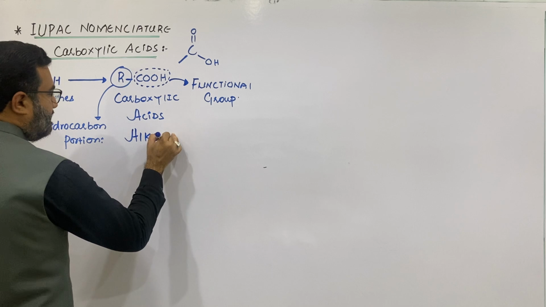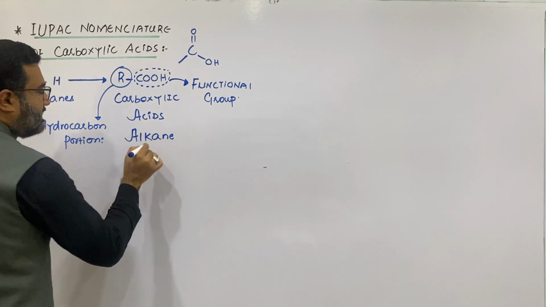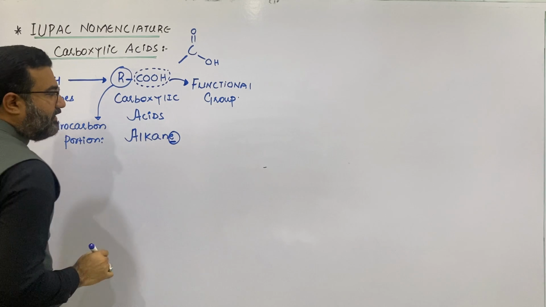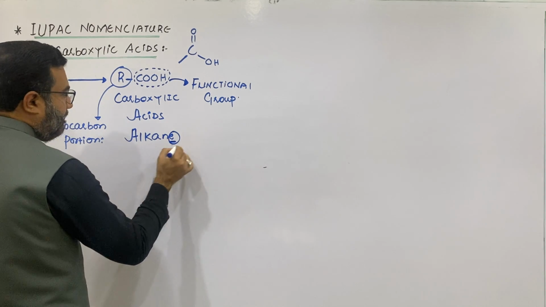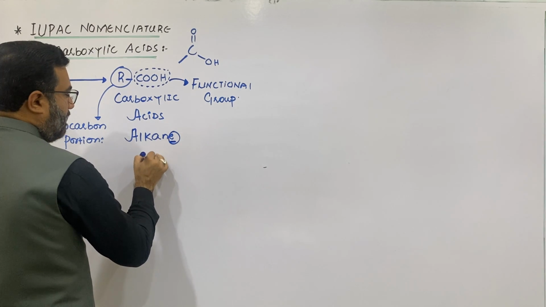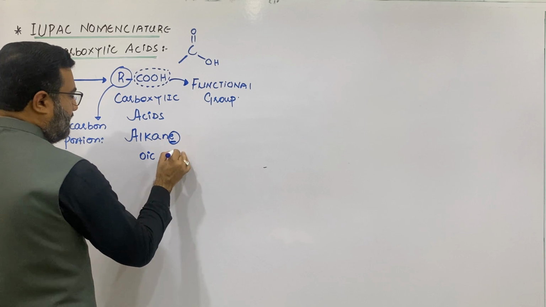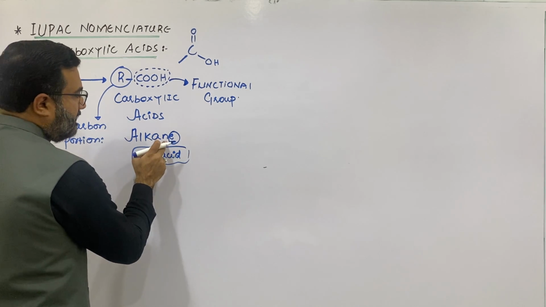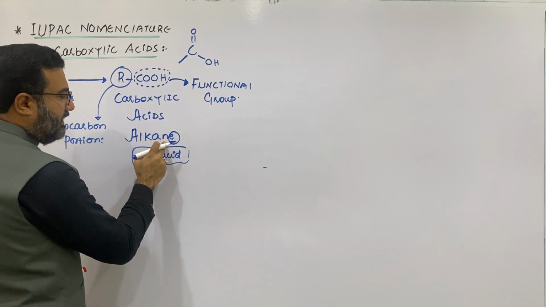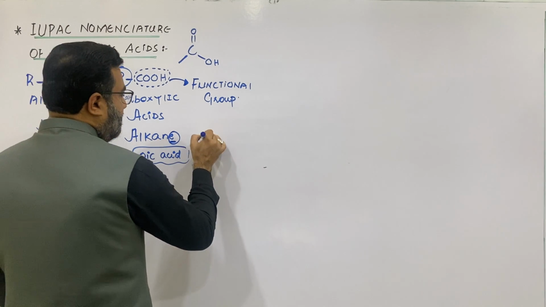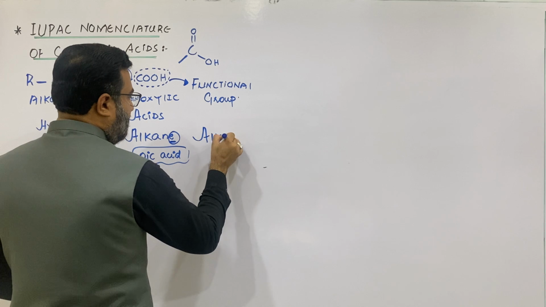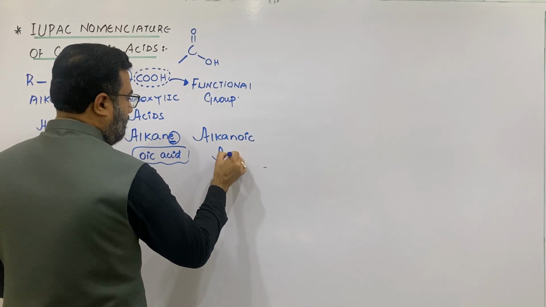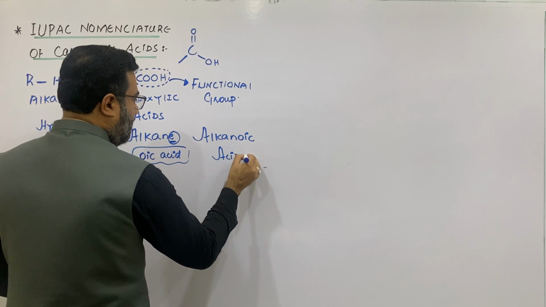My dear students, this E of the alkanes will be replaced by OIC acid. So in place of this E, you write OIC acid and then you get the name alkanoic acids.